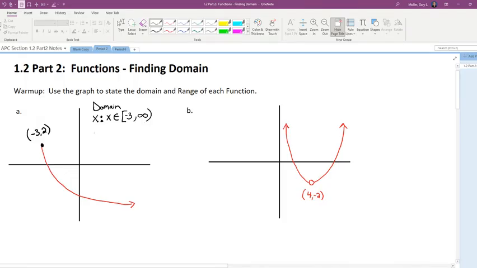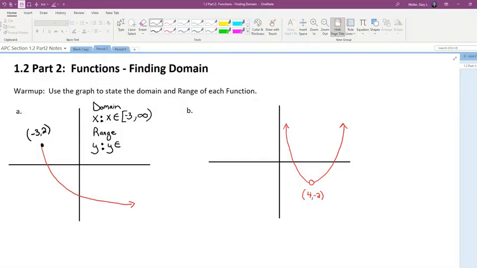The range then is y values. It is the outputs of the function. So for the range, we're talking about y values such that the y's belong to, technically is an element of, which group of numbers. We always want to go low to high, lowest number to highest number.